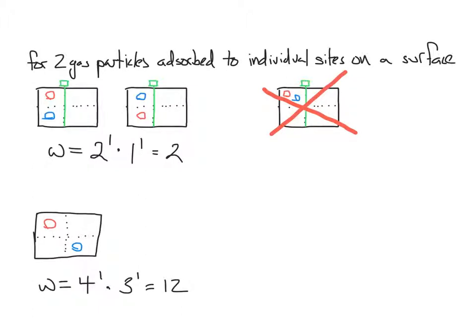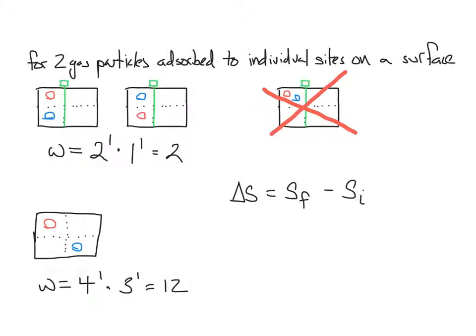You could also calculate the change in entropy for a process where you had 2 gas particles adsorbed to individual sites on a surface, where half of the surface was available, and then what is the entropy change when you remove the green barrier and allow the particles access to the entire surface. The change in entropy is the entropy of the final state minus the entropy of the initial state.